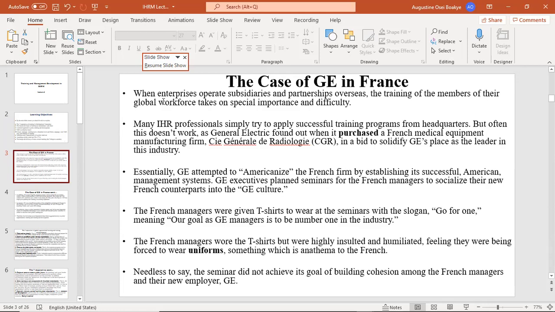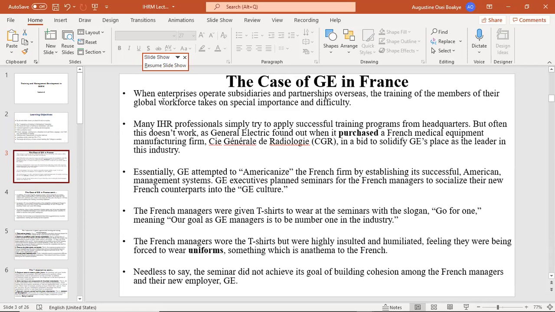But often, this doesn't work, as General Electric found out when it purchased a French medical equipment manufacturing firm called C. General de Radiology, simply put, CGR, in a bid to solidify GE's place as the leader in this industry.